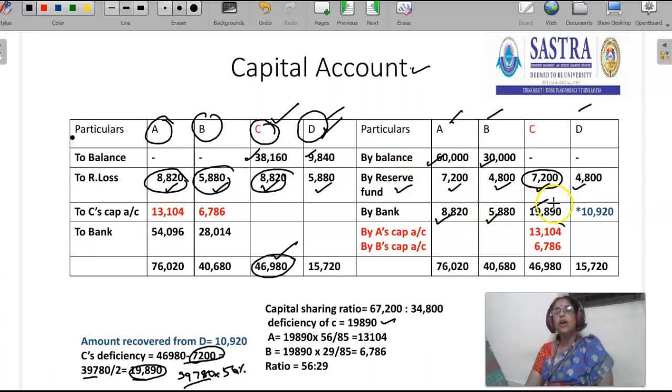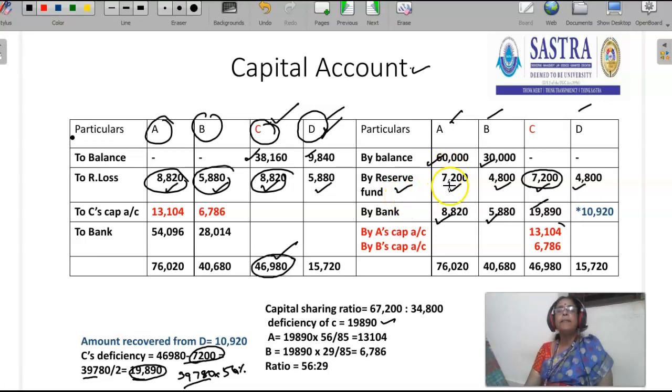The deficiency of the insolvent partner should be shared by the solvent partners in their capital ratio. While calculating the capital ratio, we should not consider the realization loss as well as the realization profit. Before the realization, what was their capital? That we have to consider.